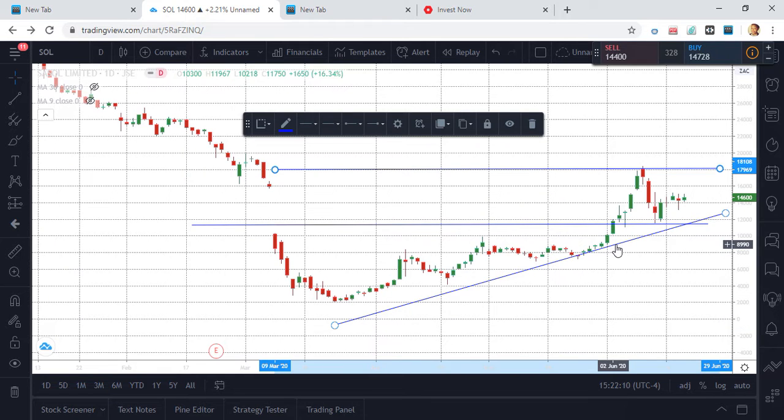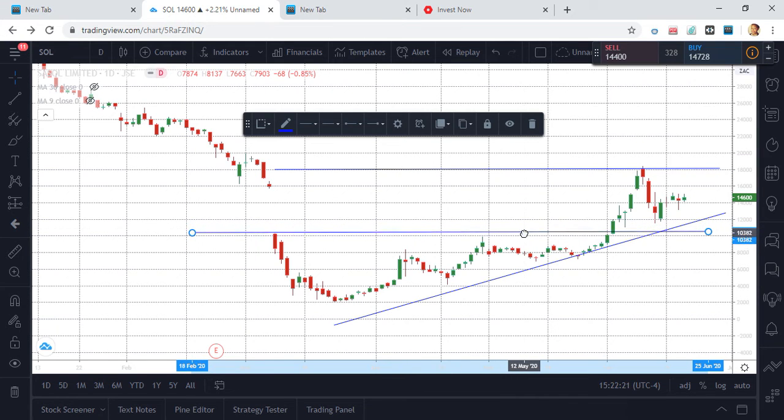Then the market started moving up and up, and it broke this resistance that was here. We had a strong resistance here, so the market broke that resistance and then it went up. This is how the market goes up: it breaks the resistance, and the previous resistance becomes your support. So this is where it's now turning.